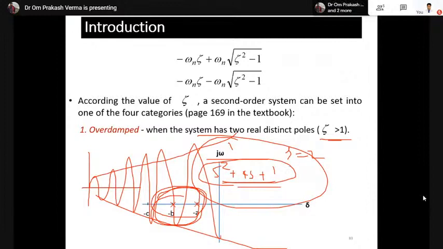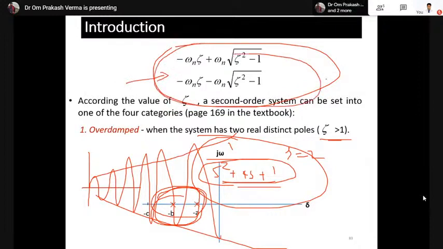What is the condition for the undamped, underdamped, critically damped, and overdamped? Okay, with the help of this. Now you can also understand with this root locus, when you put the value of zeta and omega as per your convenience.